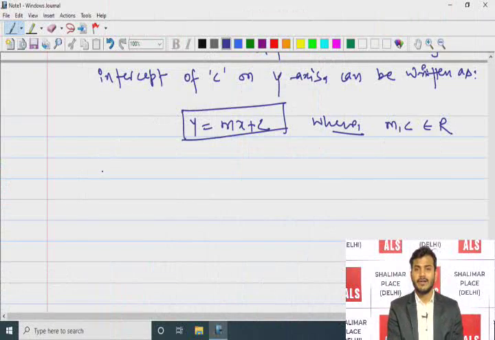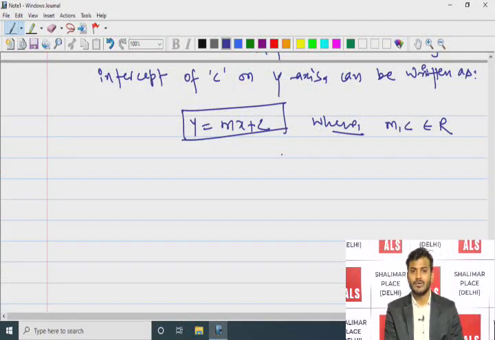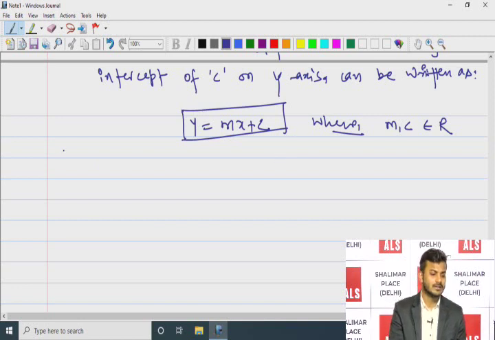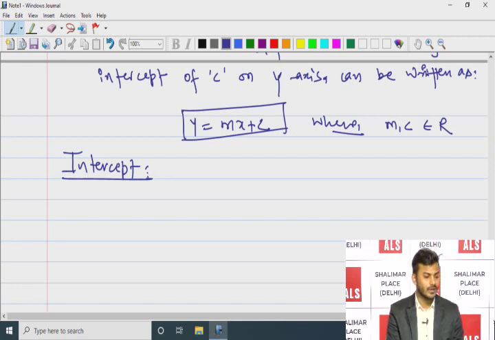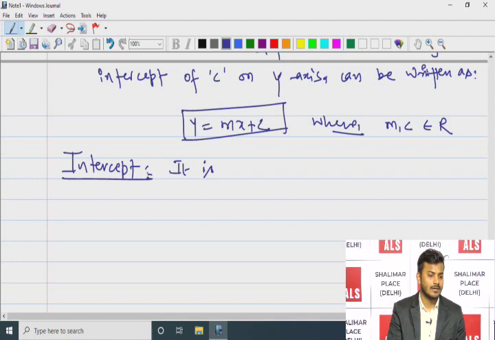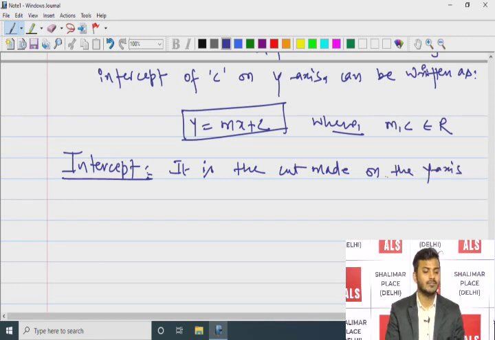So let's discuss different cases when m and c are positive, negative, and vice versa, right? And what is intercept, guys? That you have to understand. Intercept term, probably this is the first time you're going to hear it. Intercept is the cut made on the y-axis by the straight line.